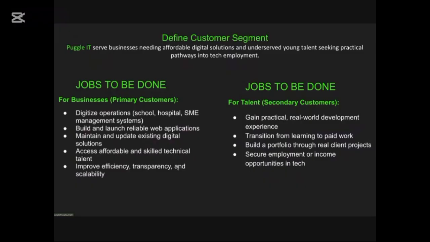So this is our customer segment. The jobs we need to do are clear now. You can define your own and say, okay, for me, you pick your specific customer and then you define the job you need to do, and then also identify the secondary customer. These are the two businesses that we are focusing on.